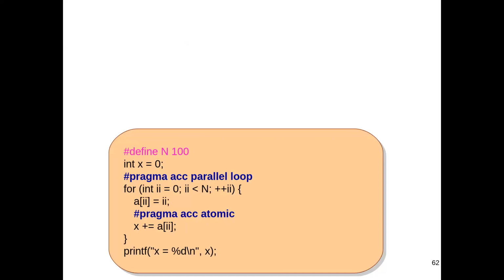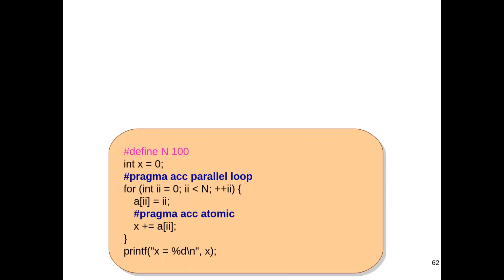In the sequential setting, this is x equal to the previous value of x plus a of I. In the next iteration, this is going to be whatever is the previous iteration's value of x plus a of I plus 1, and so on. So there is a loop carry dependence, and this is a backward loop carry dependence.